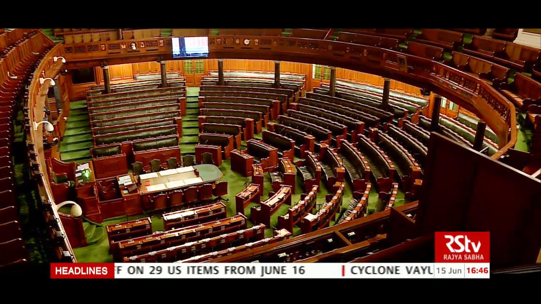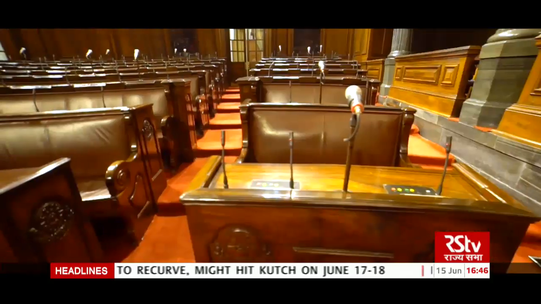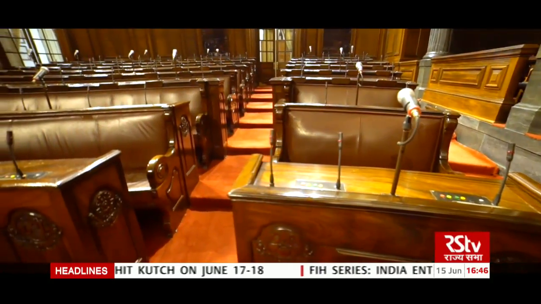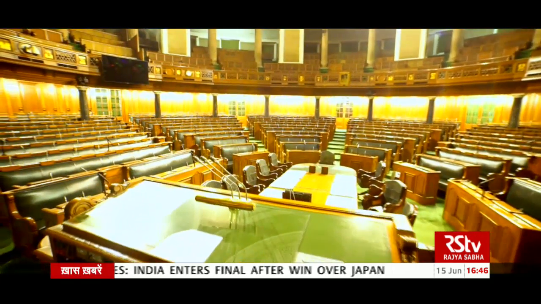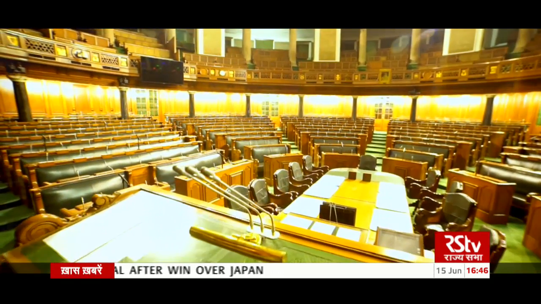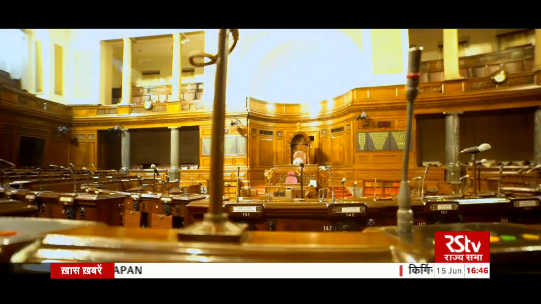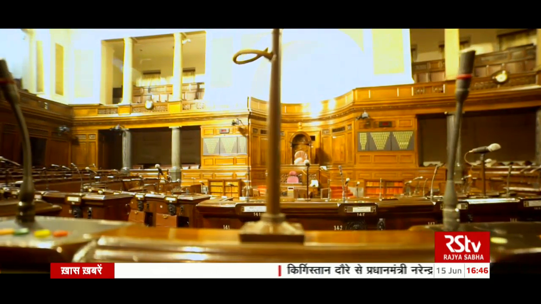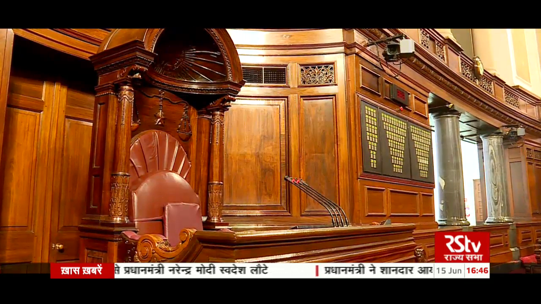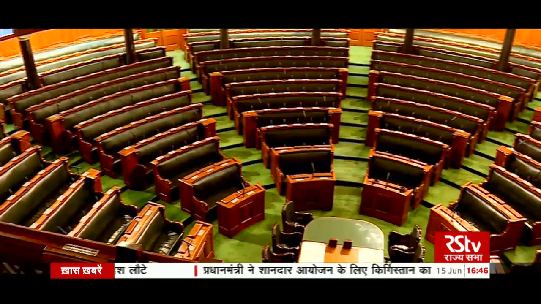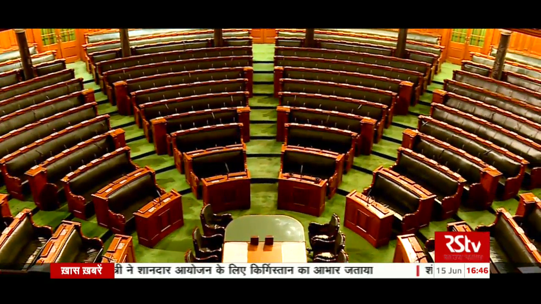It is this grand edifice which houses the essence of a nation. In the Rajya Sabha, the tone tends to be a little more reflective, and in the Lok Sabha, it tends to be sharper, a little more combative.